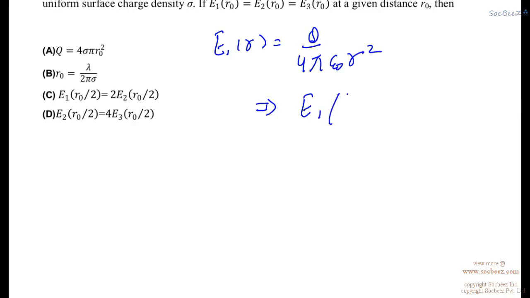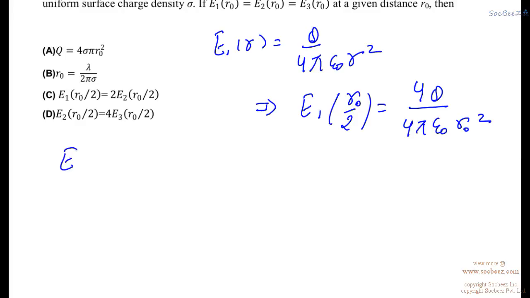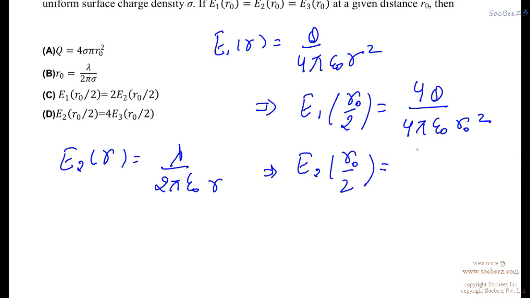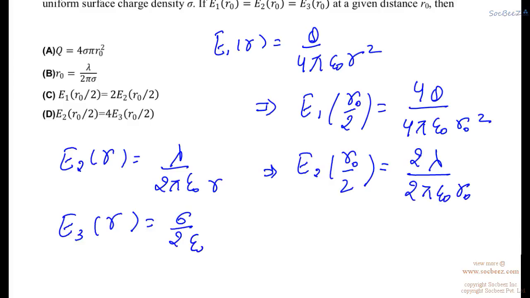So this gives us E1(r0/2) equals 4Q upon 4 pi epsilon naught r0 square. And E2(r) equals lambda upon 2 pi epsilon naught r, which gives us E2(r0/2) equals 2 lambda upon 2 pi epsilon naught r0. And E3(r) equals sigma upon 2 epsilon naught.